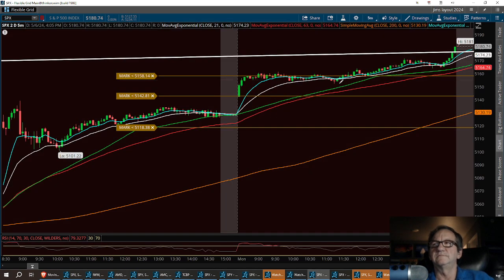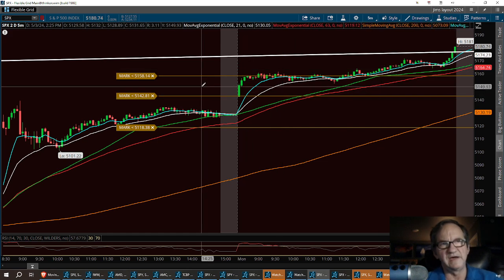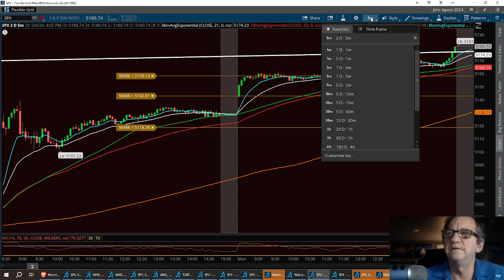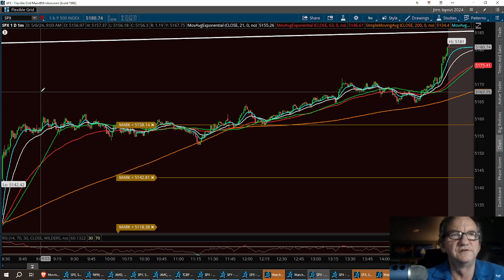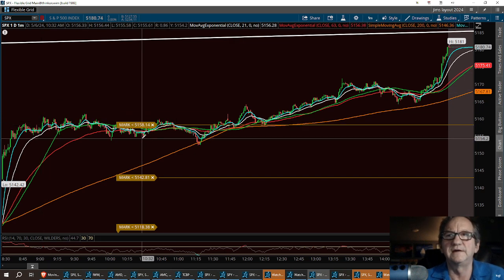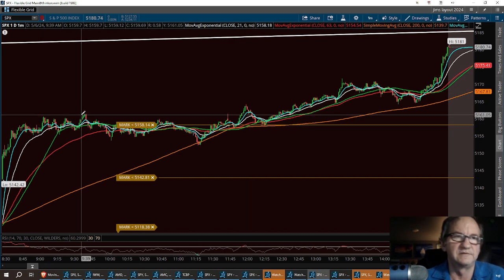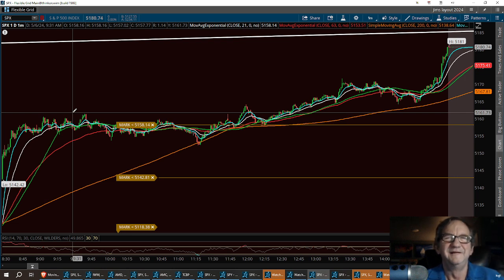So you got the 5 minute. A lot of traders trade off the 5 minute. Now I can't find any patterns on the 5 minute. I just have to rely on the candlesticks. On the 1 minute, I'm able to point out patterns. They're easier to find. For example, I got an inverse head and shoulders right here. This is a perfect time frame for me. It gets me in the trades before everybody else.